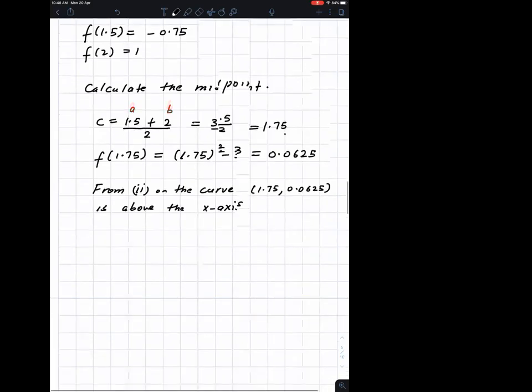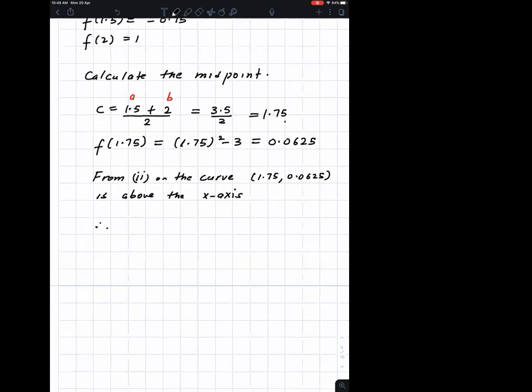Therefore, from point 2 on the curve, for the coordinate 1.75, 0.0625 is above the x-axis. Therefore, it is on the right side of the root. So we need to update the B. So our new B is going to be C, which is going to be 1.75.